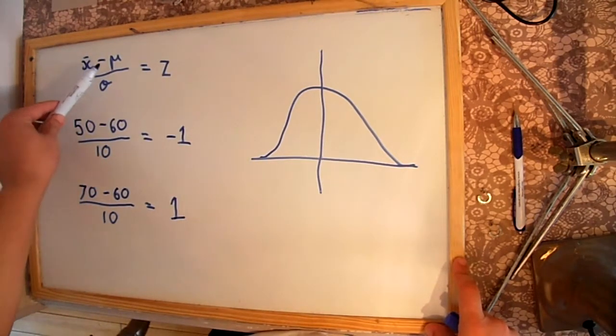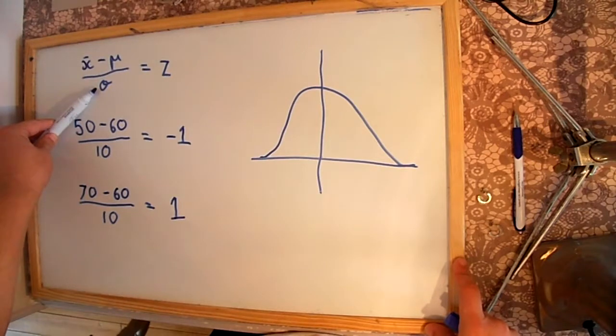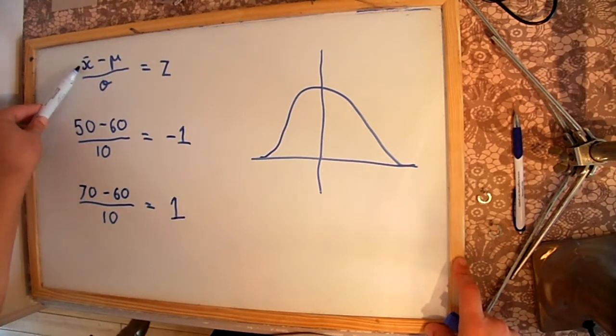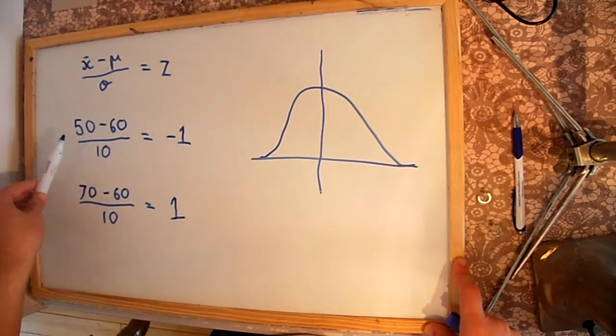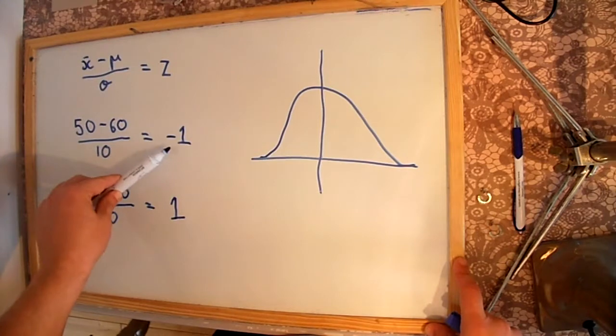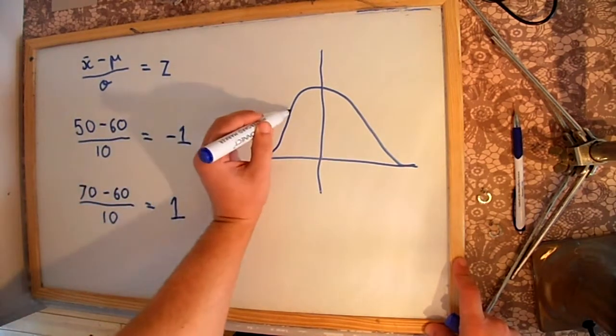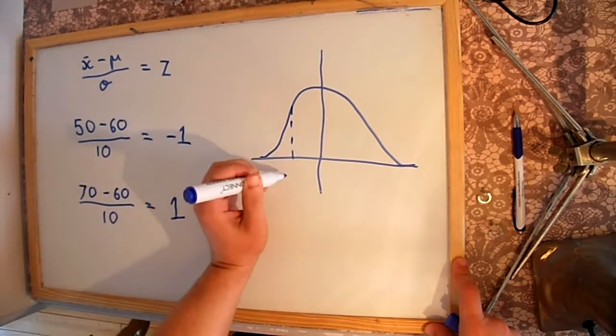We're given the population mean, and we're also given the standard deviation. So all we have to do is plug in the values 50 and 70 and find what the z values are. When we plug in 50, we get -1, which would be here on the z table.